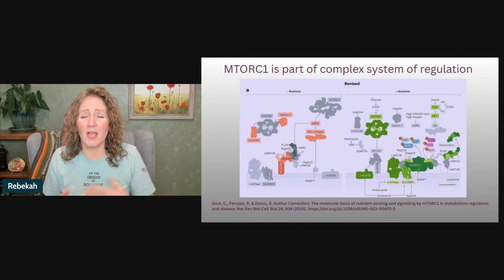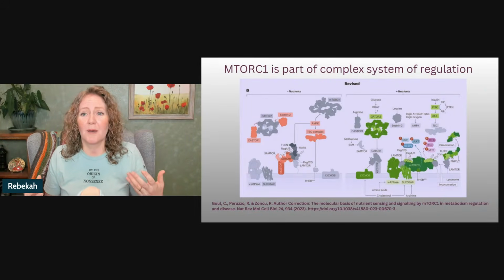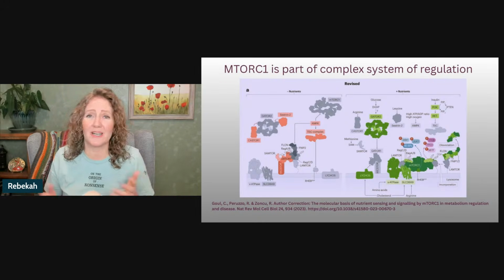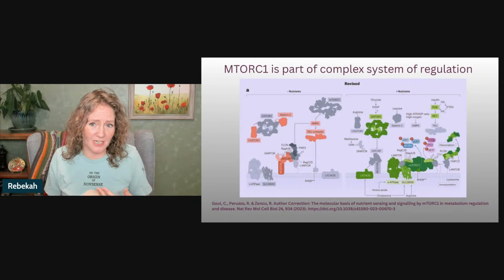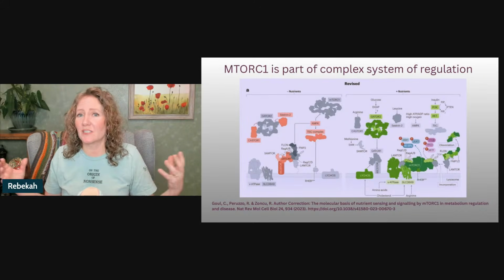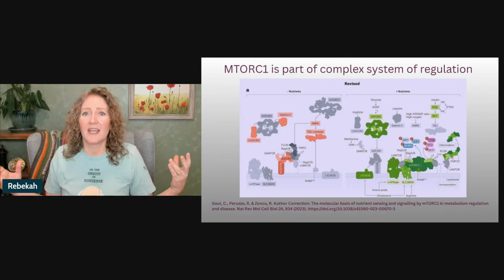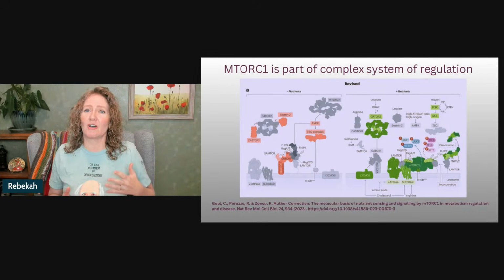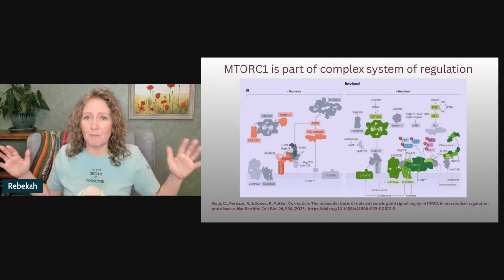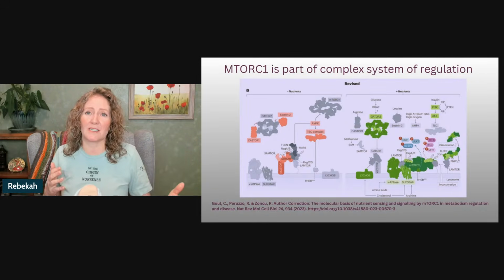So let's talk a little bit more about it, because not only does it control a lot of the functions of what's going on in cellular processes, but it is in touch with and regulating more than 100 other molecular machines, and it's part of an integrated system. It's not able to just function on its own. It has many processes that it is dependent on.